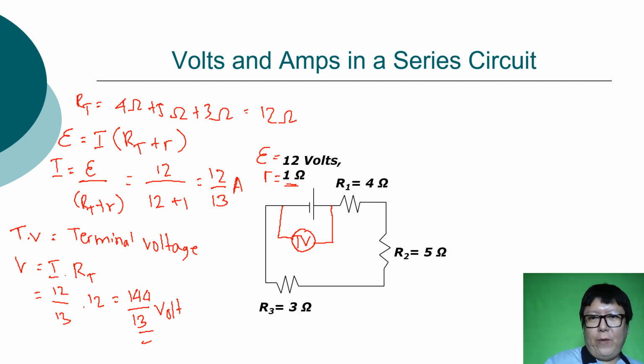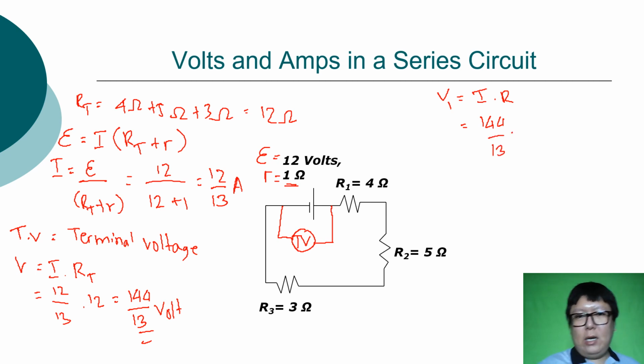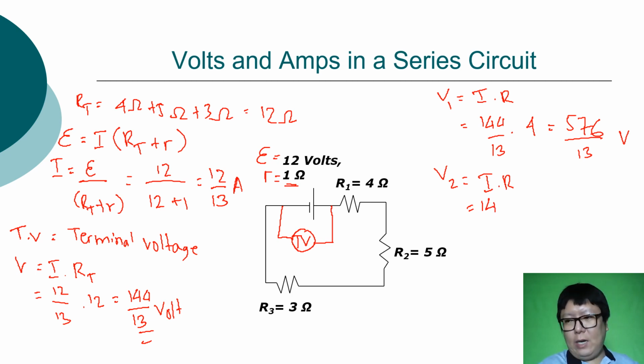Now how to calculate V1? V1 is still the same, I times R equals 144 over 13 times 4, right? Okay, I'm sorry, this is wrong.